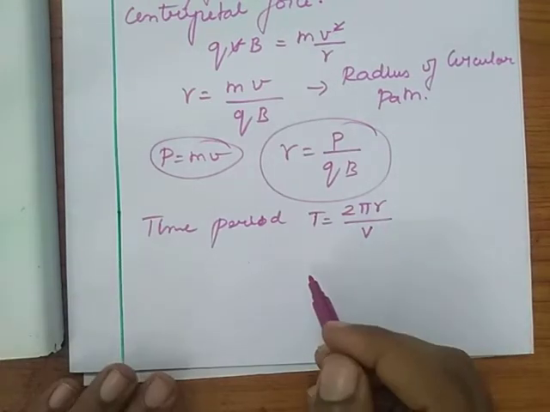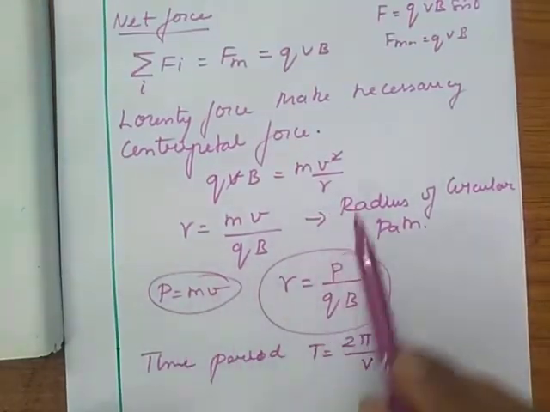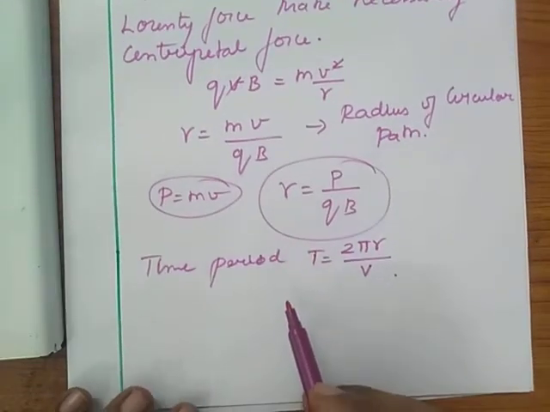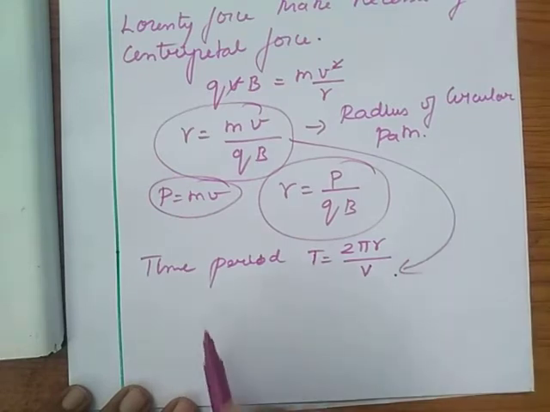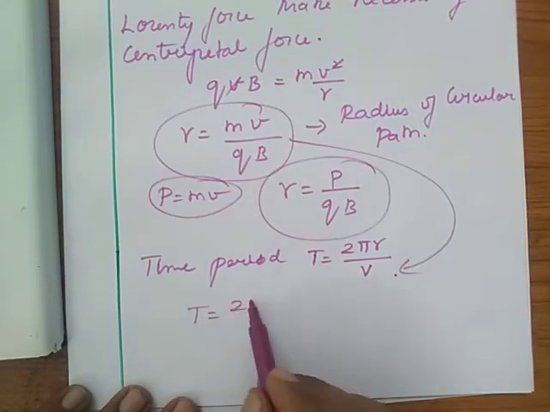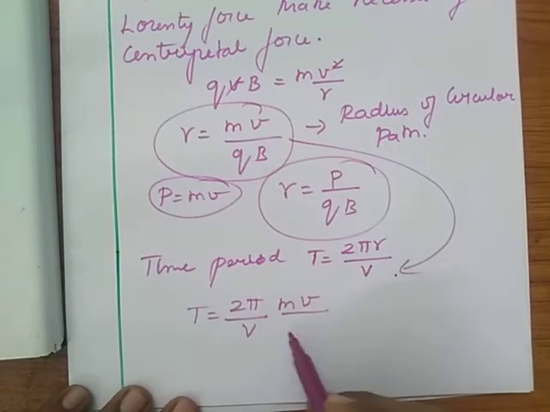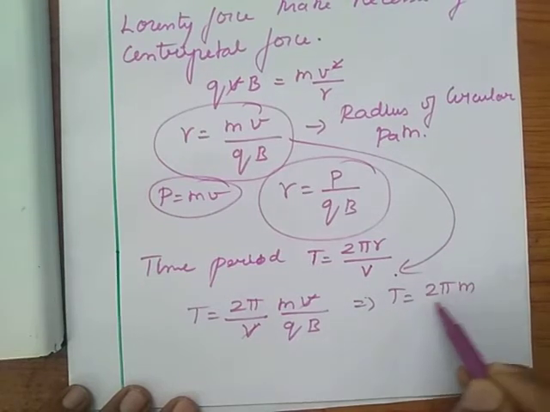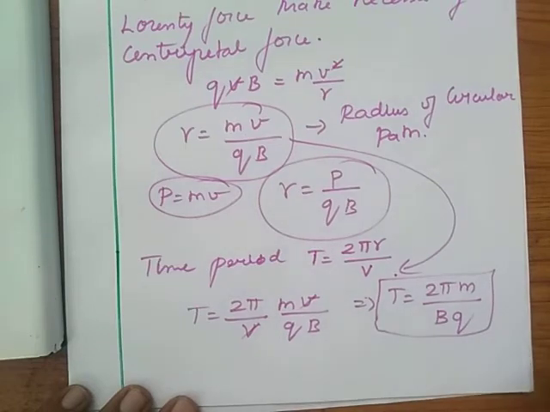We know the value of r, so substituting here, T is equal to 2 pi by v times r, where r is mv by qB. The v cancels, and we get T is equal to 2 pi m by Bq. It is the relation for the time period.